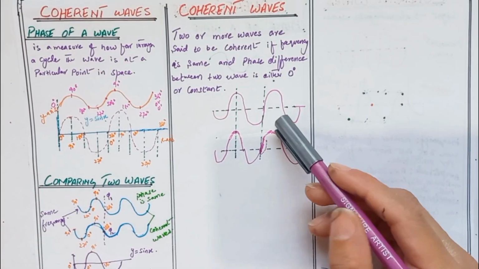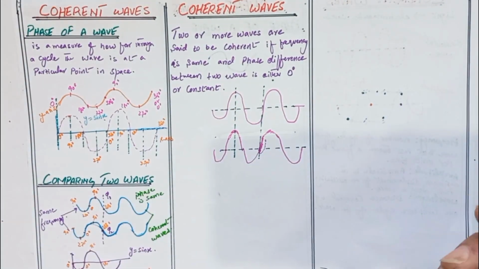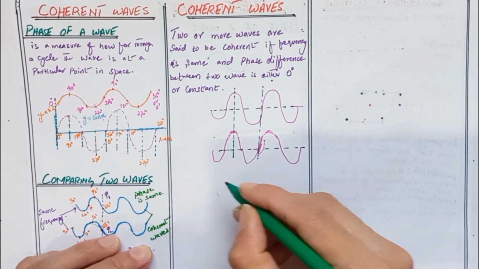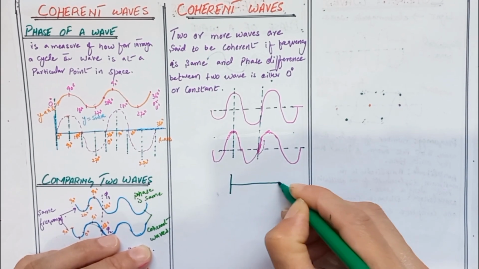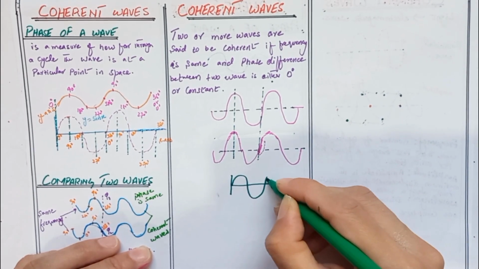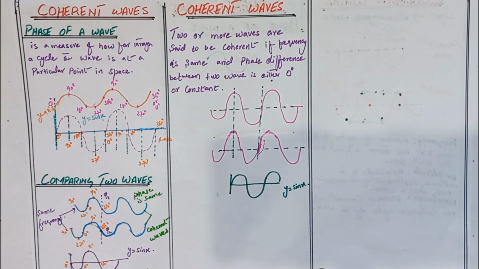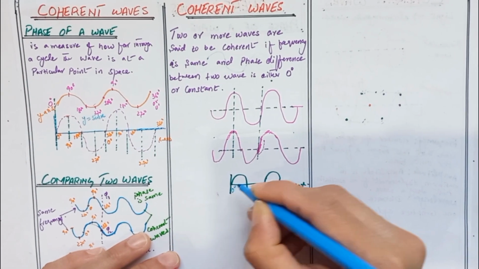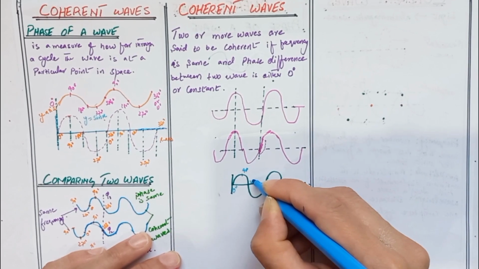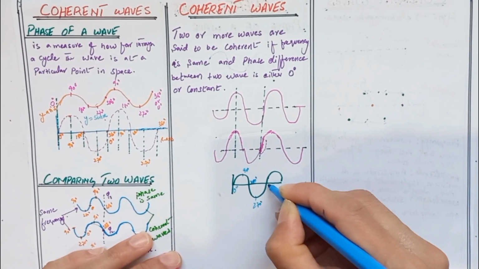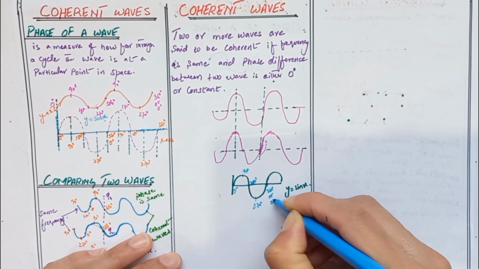Here we define these two waves as coherent. Let's compare these two waves with the sine curve, that is y equal to sine of x. In the sine curve, here the value of x is 0 degree, here 90 degree, here is 180 degree, here is 270 degree, and here is 360 degree or 0 degree.